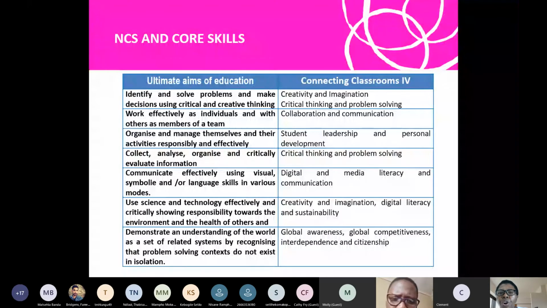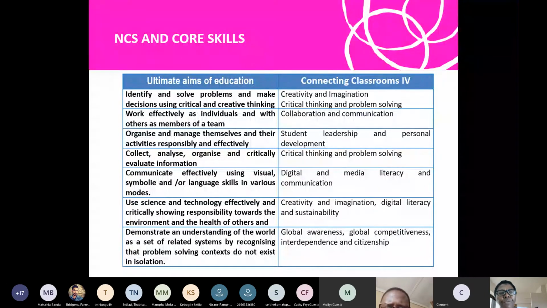In terms of the core skills, that is covered by creativity and imagination, critical thinking, and problem solving. The second aim is that a learned person needs to be able to work effectively as an individual and with other members as a team. In terms of connecting classrooms, the core skills there are collaboration and communication.